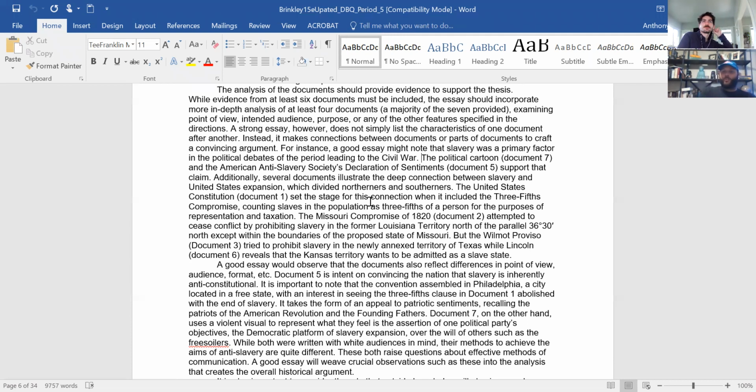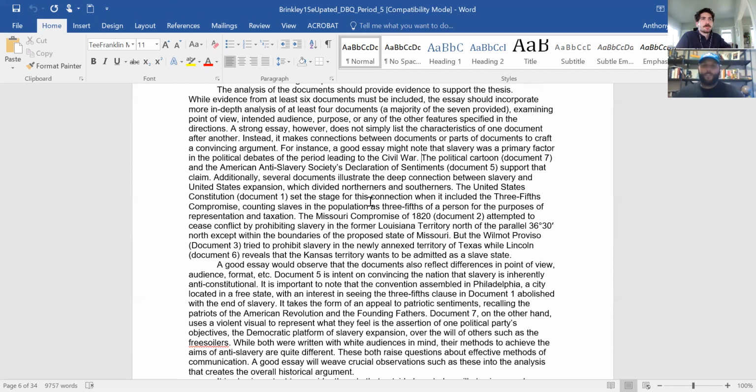Those are much more social, what's happening with everyday Americans, not the legislators in Washington. And then 1, 2, 3, and 6 are much more legally binding. Even with Lincoln, he's referencing something that's legally binding. He's saying that he's not okay with them allowing slavery in a state, but if it's a territory, do what you want.